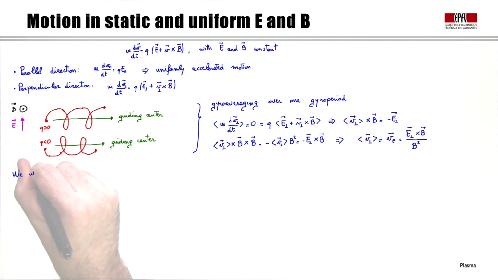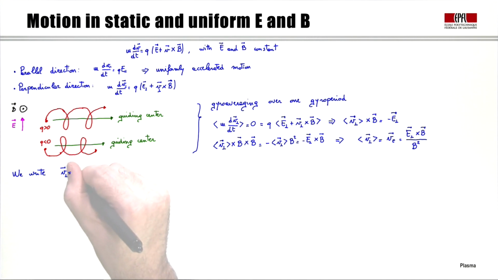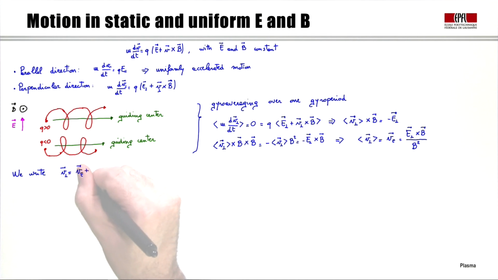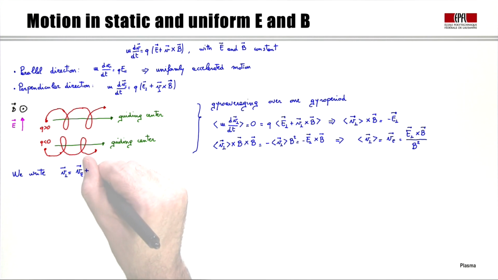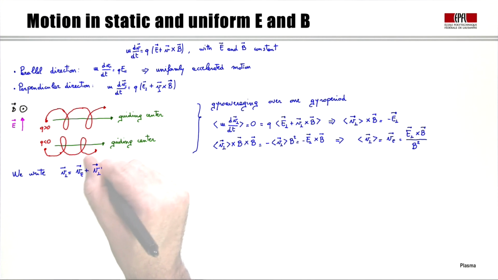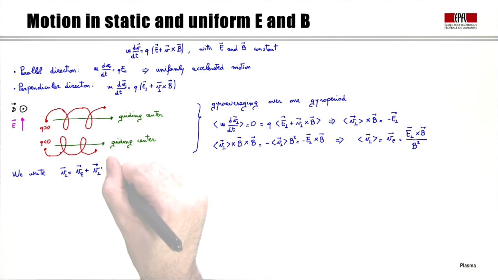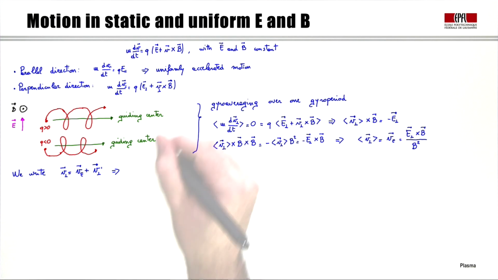We will write therefore that V perp will be equal to VE plus the difference between V perp and VE, a quantity that we will call V prime perp.